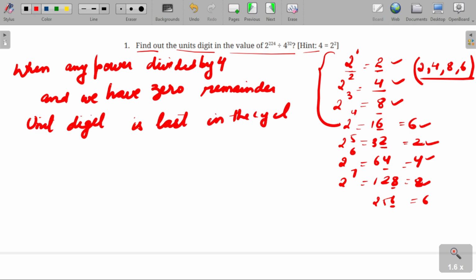And what is the cycle? This is the cycle: 2, 4, 8, 6. This thing you are required to remember.